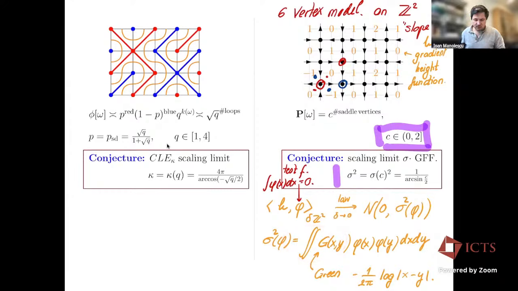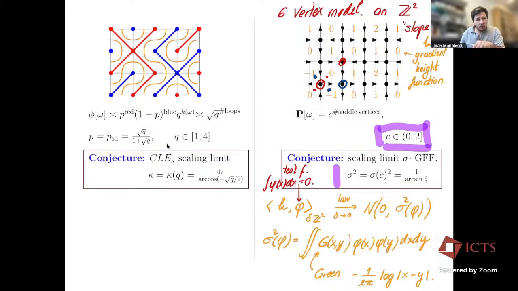Okay, so this is the main conjecture. I remind you this C that is between 0 and 2, this comes from the fact that the height function in this regime is what's called delocalized, meaning it will have variance that, if you look at it on a larger and larger piece of the lattice, goes to infinity logarithmically, which is coherent with the GFF behavior.